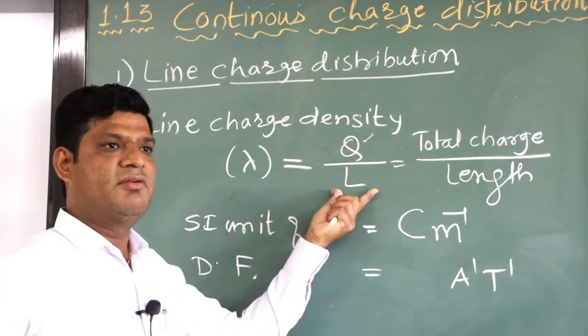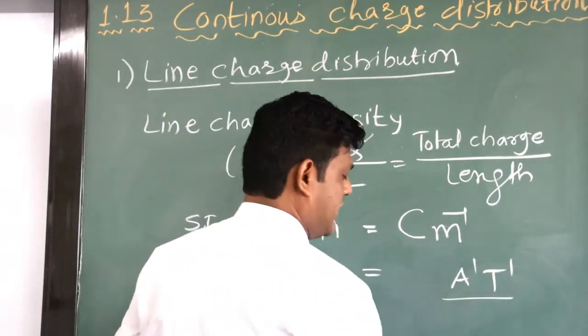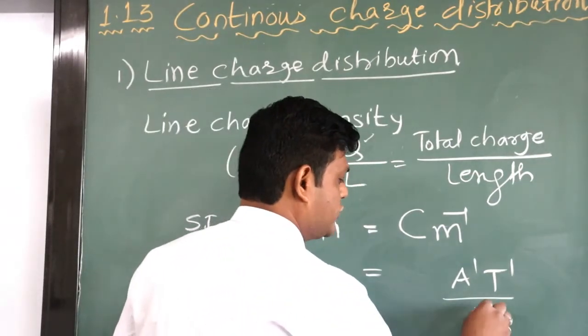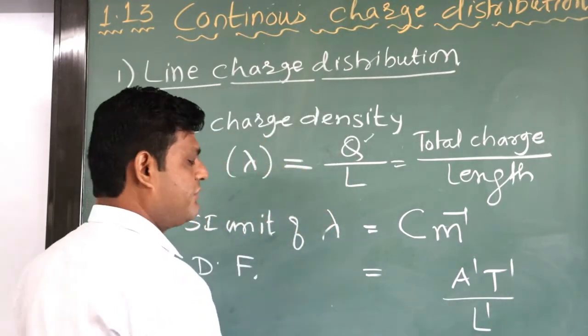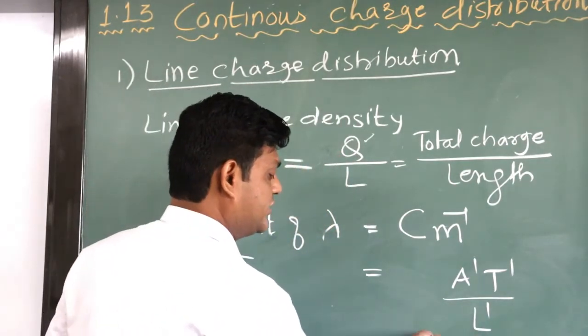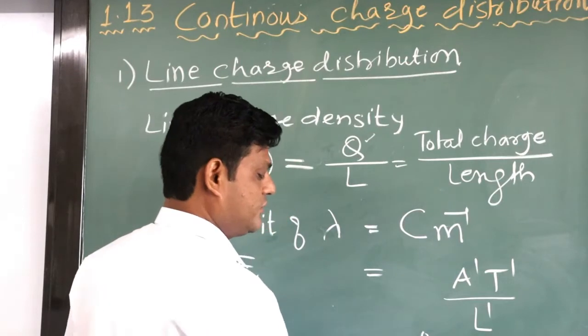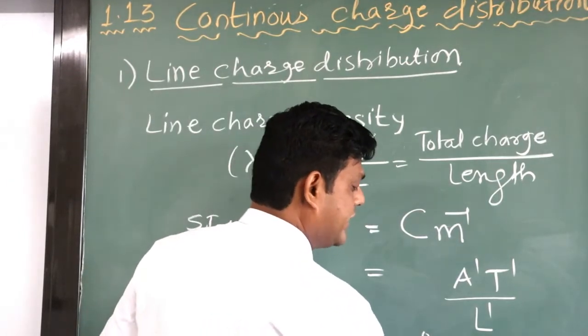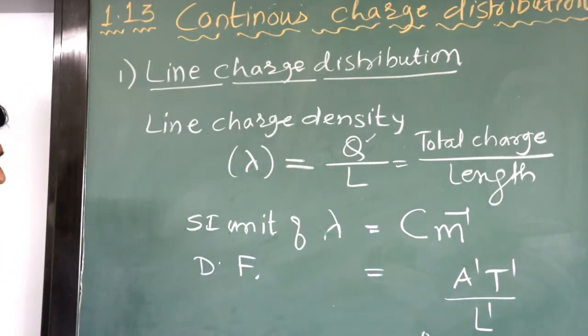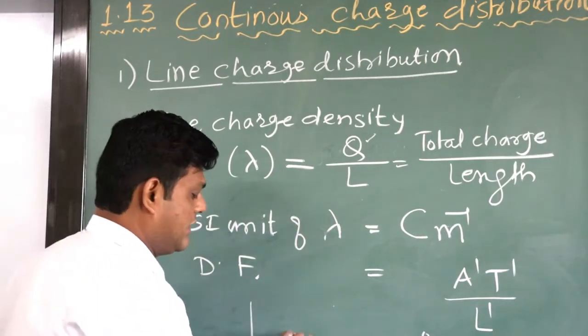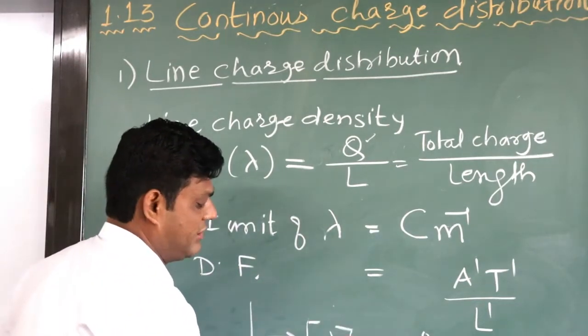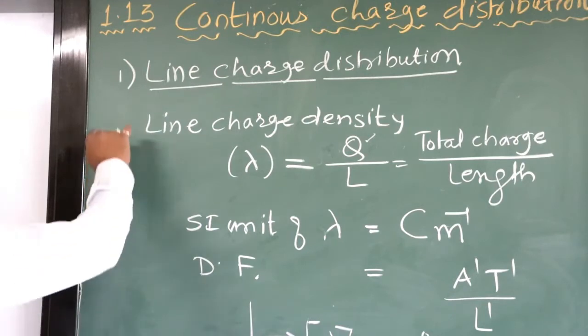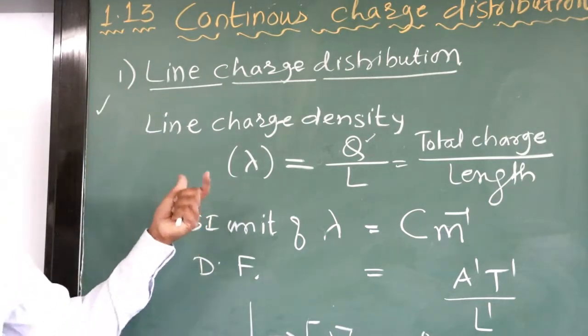What is the dimensional formula for length? That is L raised to 1. So we can write M raised to 0, L raised to minus 1, A raised to 1 and T raised to 1. It is the dimensional formula for lambda. See, this is the line charge distribution.